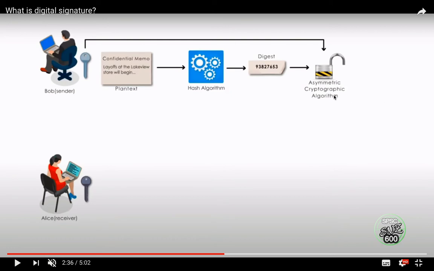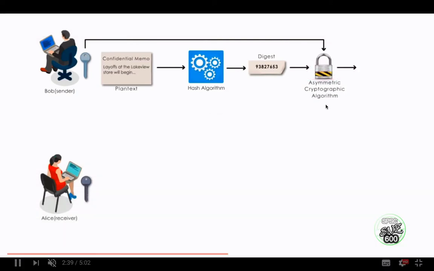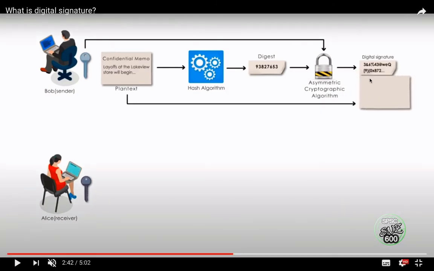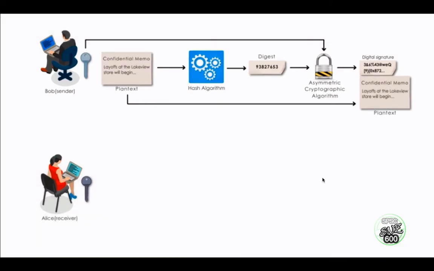Bob's private key is used here to create the encrypted message. So now the digital signature, produced by encryption, and the plain text message, both are sent to Alice.